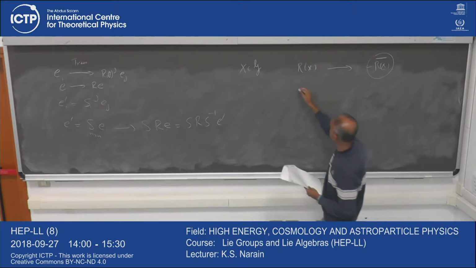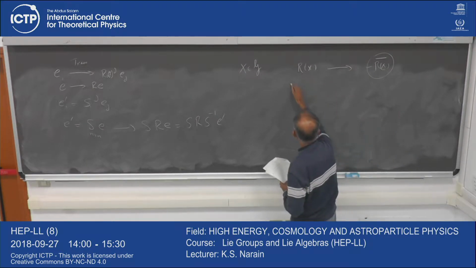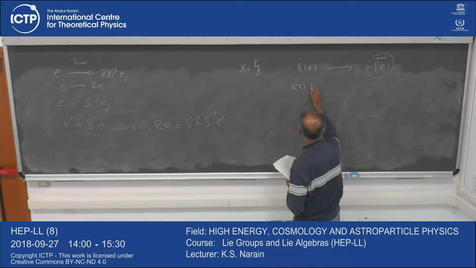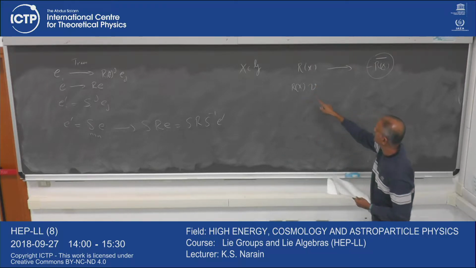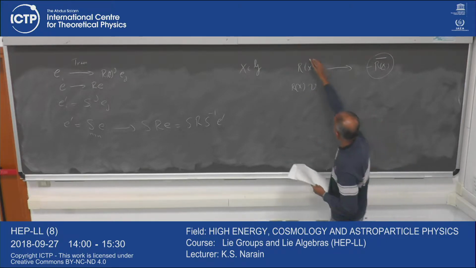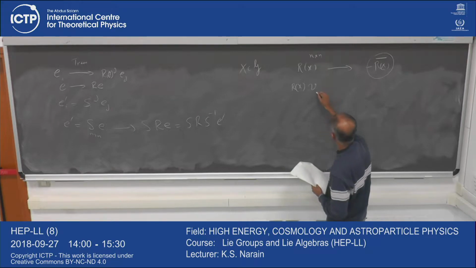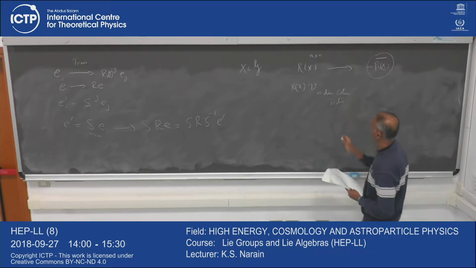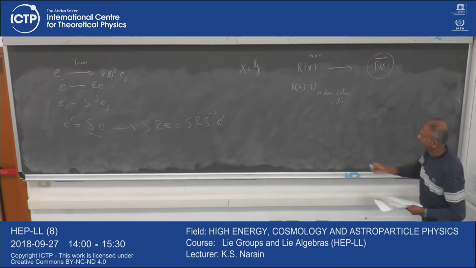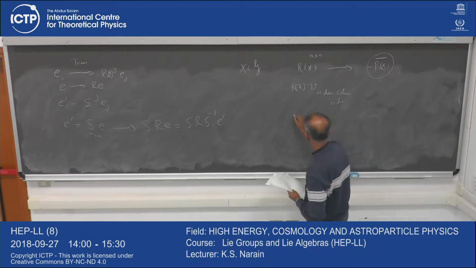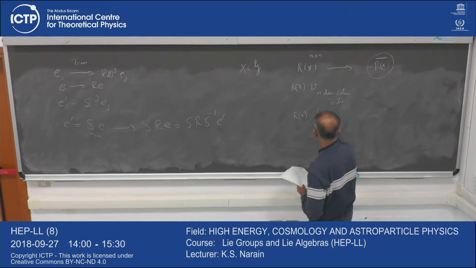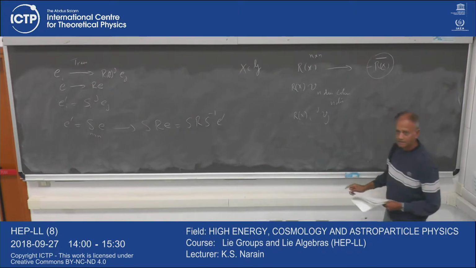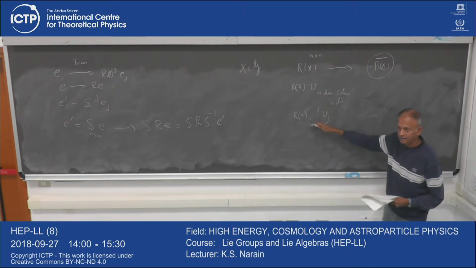If I write it explicitly, it will act on some V, where V is an n-dimensional column vector. Explicitly, what it will mean is that it will be some R(X)_ij V_j, right? So the V will transform like that by this matrix.